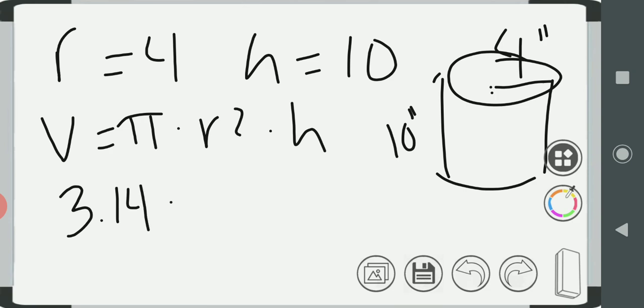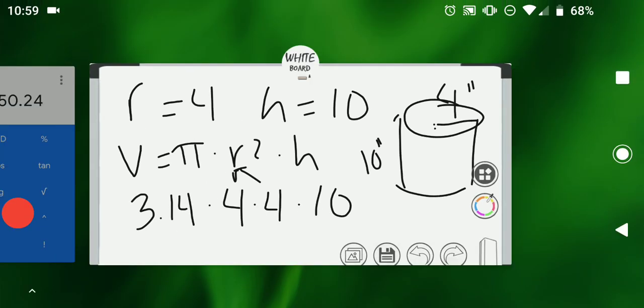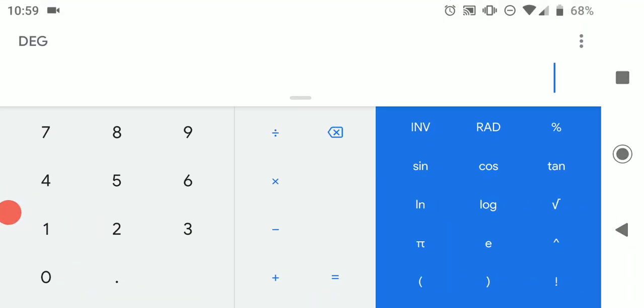That's 3.14 times 4 times 4 for the radius squared, times 10. You can use your calculator to do 4 squared; I don't have that function so easily on my phone. Let's switch to our calculator: 3.14, which is what we're using for pi, times 4 times 4 times 10.